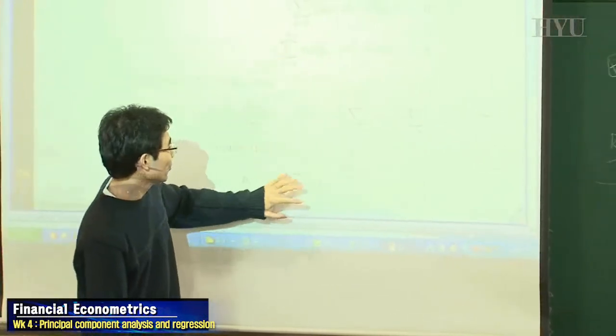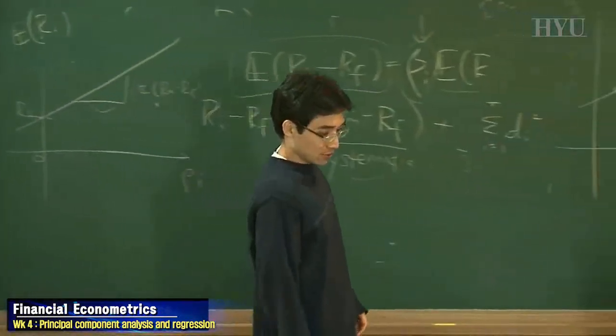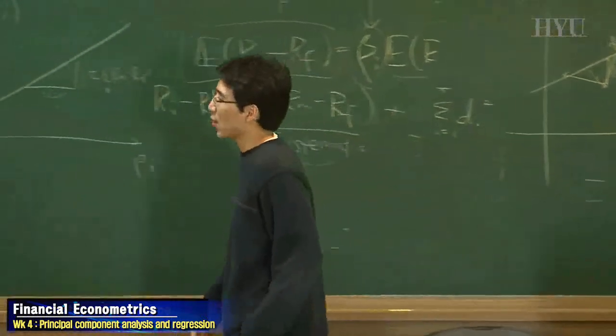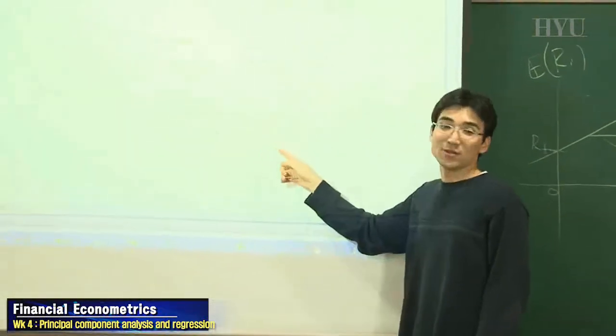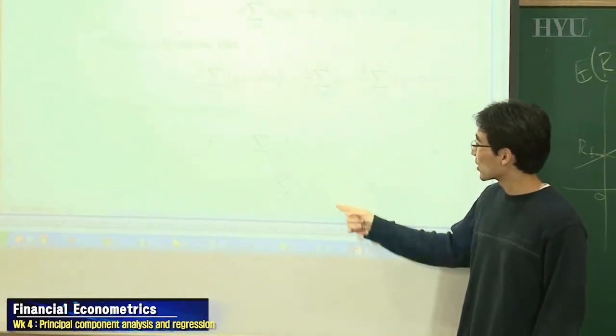We can get rid of 2, so we have this equation. And now we know what alpha hat is, so plug it in for alpha hat, and the equation looks like this.